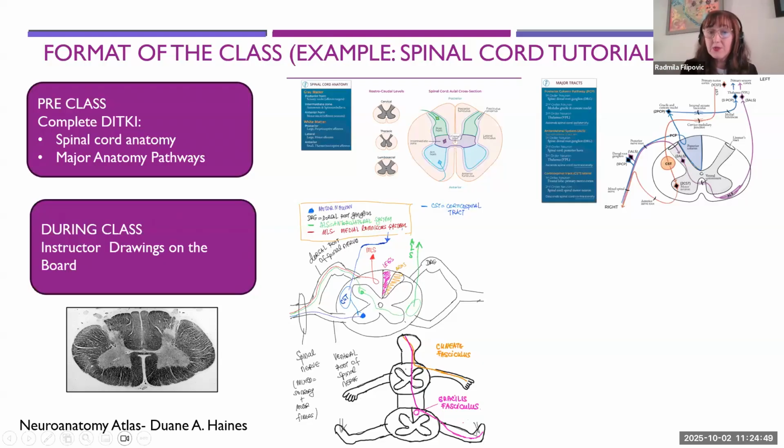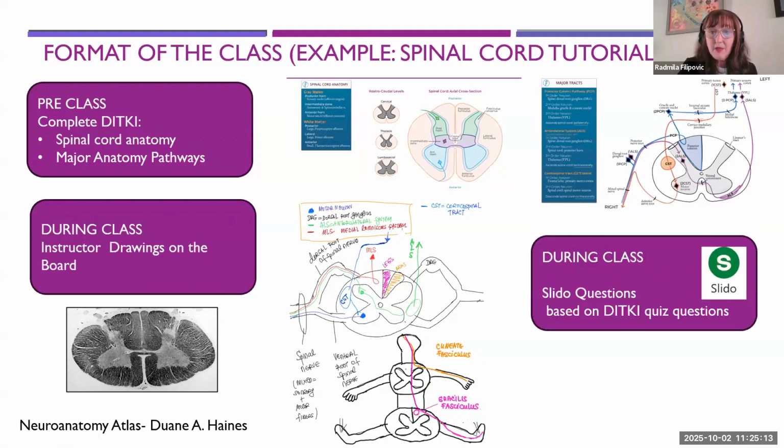For graduate courses, of course, I include more details. I also use other ways to teach anatomy, such as this on the left side: a cross-section of the spinal cord labeled with Weil staining from the Neuroanatomy Atlas. I try to show them neuroanatomy from different aspects.